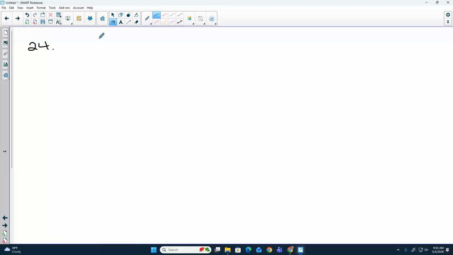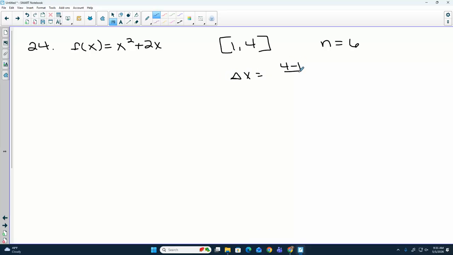Left, right, and midpoint sums. f of x is x squared plus 2x. Interval 1 to 4. 6 rectangles. So we always had to find our change in x. So ending minus beginning divided by n.